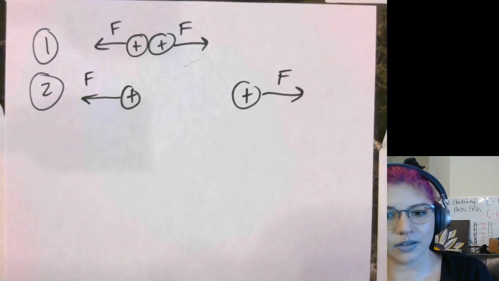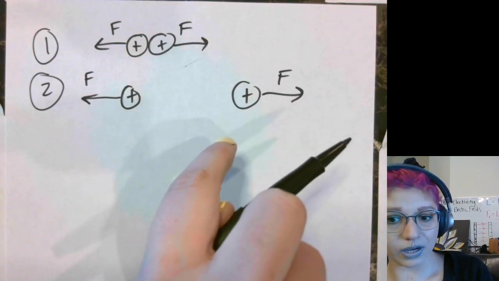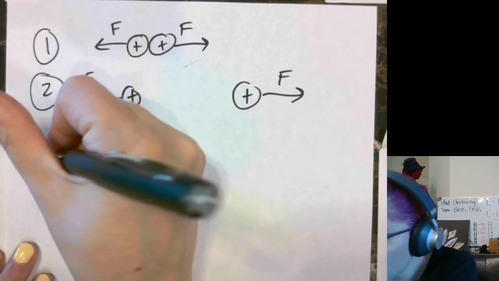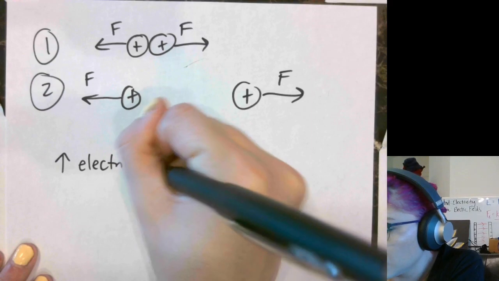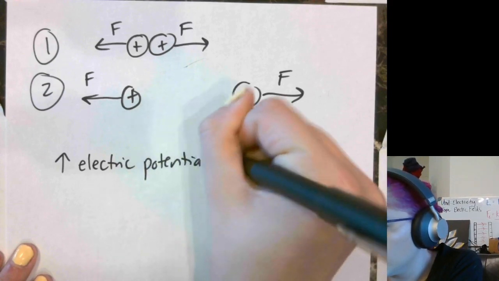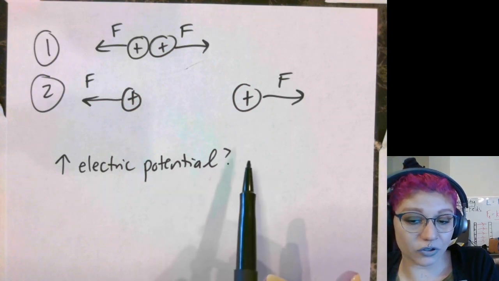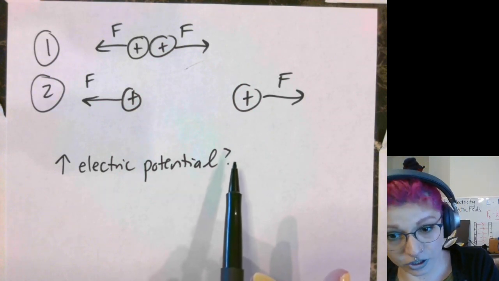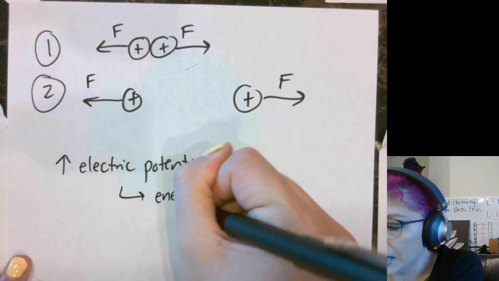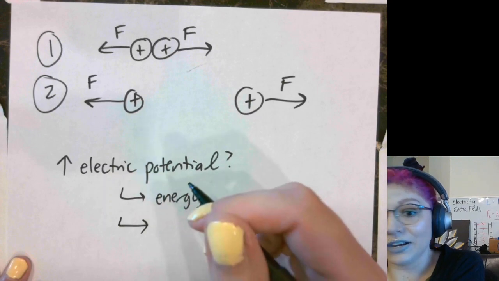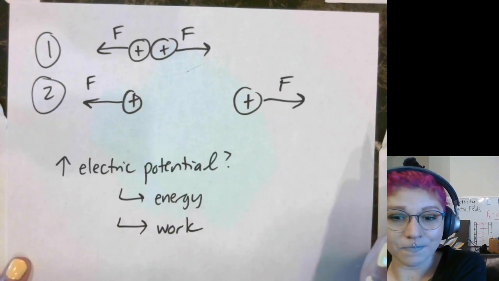I want you to rank which scenario, 1 or 2, has the higher electric potential. Remember, the electric potential is related to the energy of the system. So, related to the energy, and energy is related to the work, right?